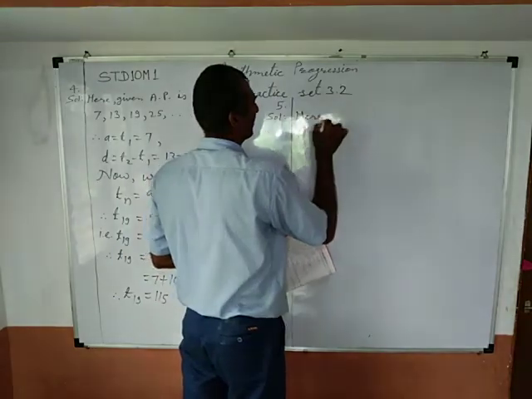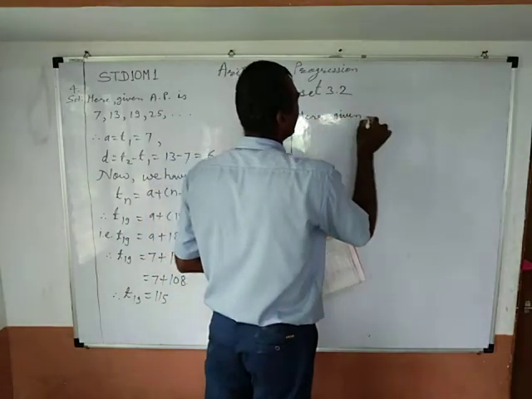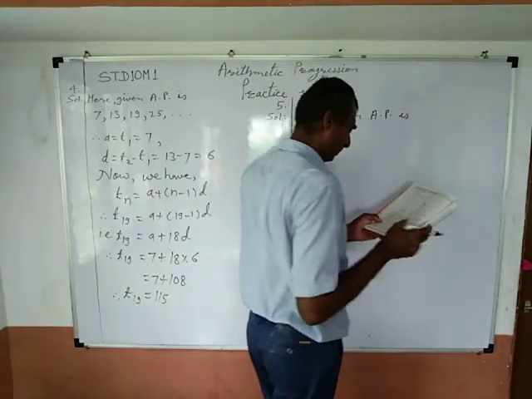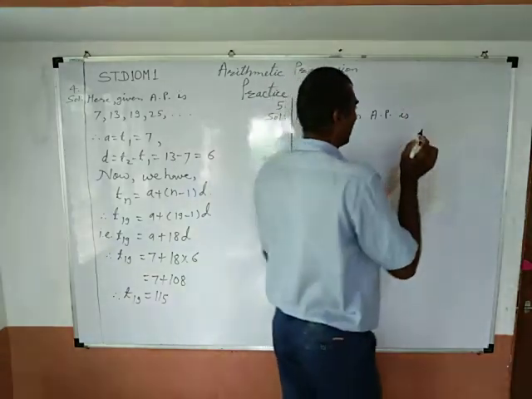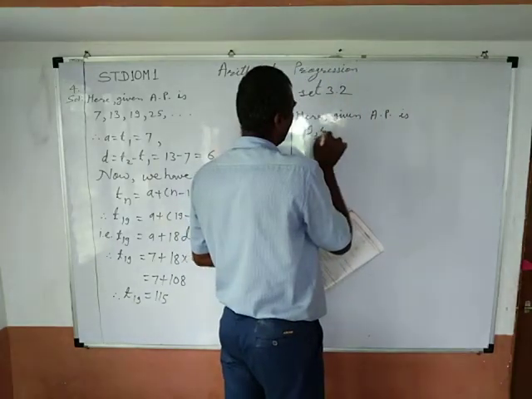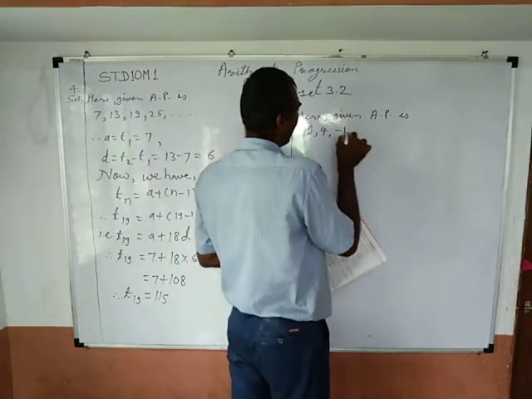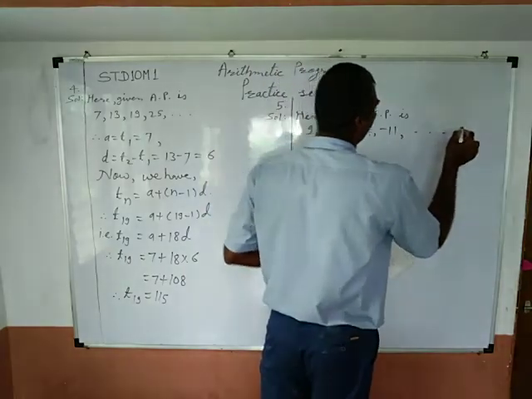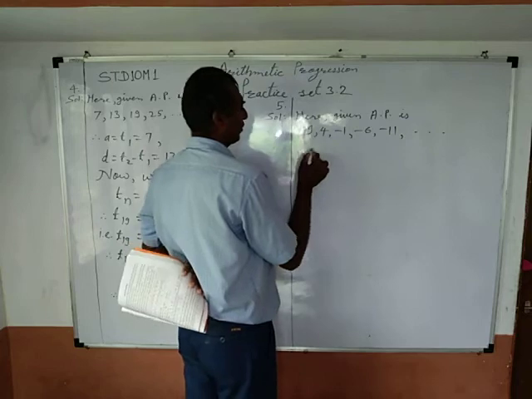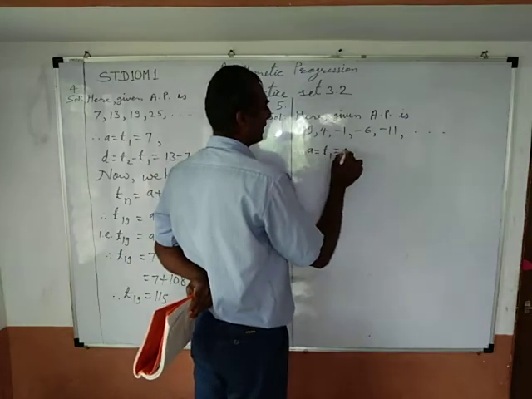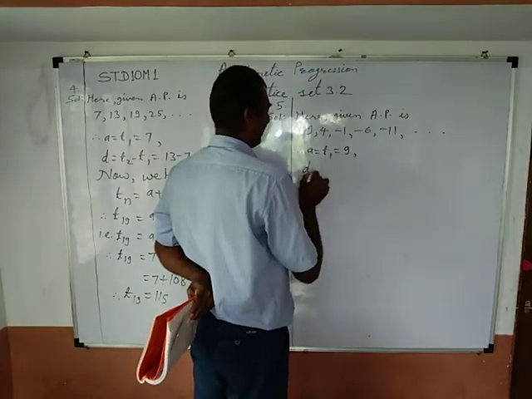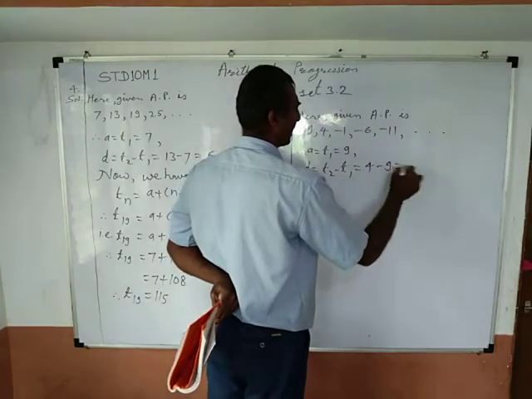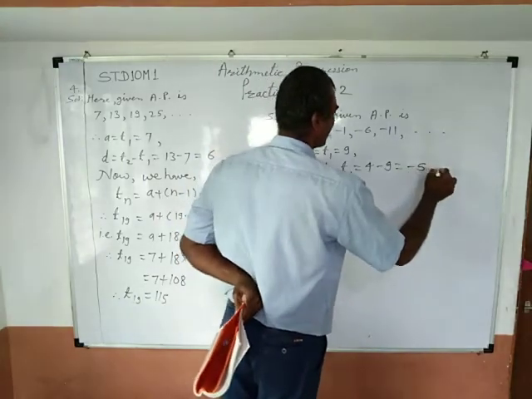Here the given arithmetic progression is 9, 4, minus 1, minus 6, minus 11 and so on, and therefore A equals T1 equals 9, D equals T2 minus T1 equals 4 minus 9 equals minus 5.